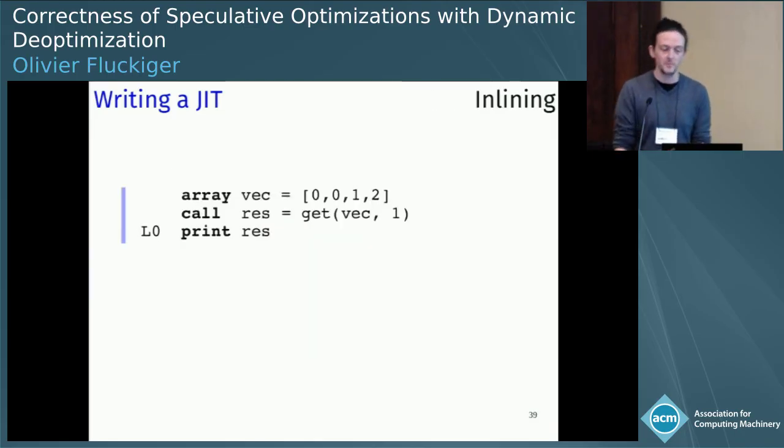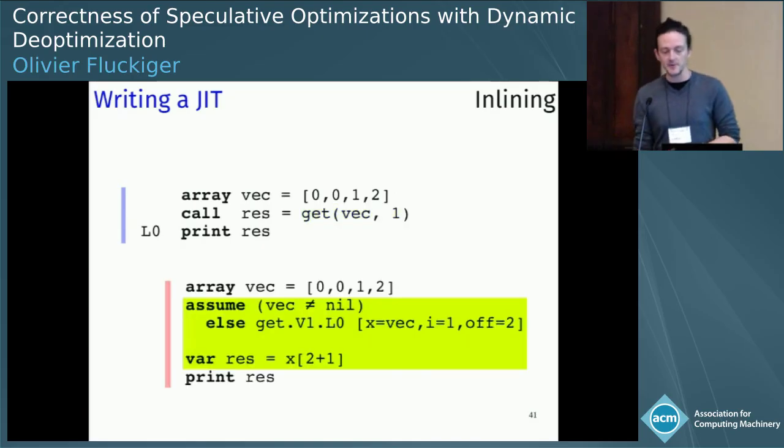Now, those were fairly simple examples. Let's now do something interesting: inlining. This is a main function that calls our get function that we've seen before. What I now want to do is not just inline the unoptimized get function, but be able to inline the speculatively optimized get function. So let's see what happens.